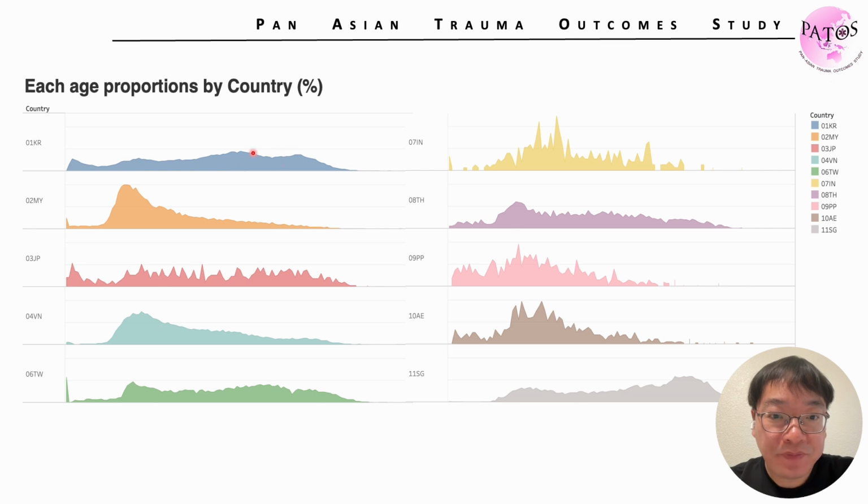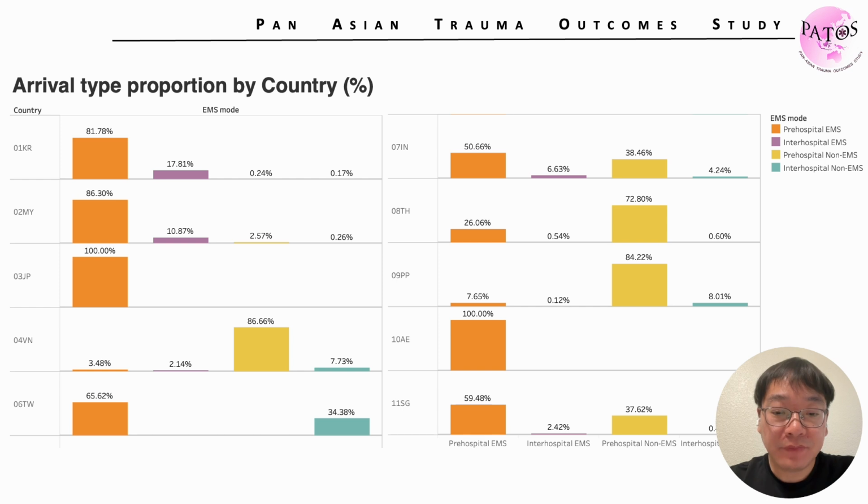In Korea and Taiwan, there are relatively more patients of old age, and in Singapore, old age patients have a dominant proportion. So the main age group is different between each country.